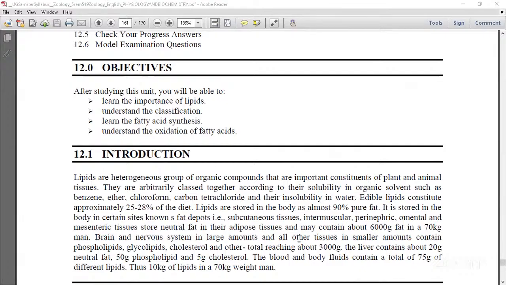The liver contains 20 grams of neutral fat, 50 grams of phospholipid, and 5 grams of cholesterol.